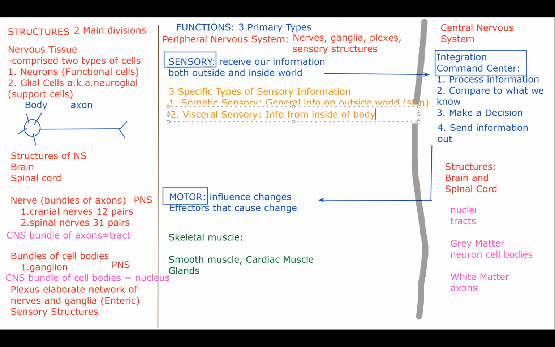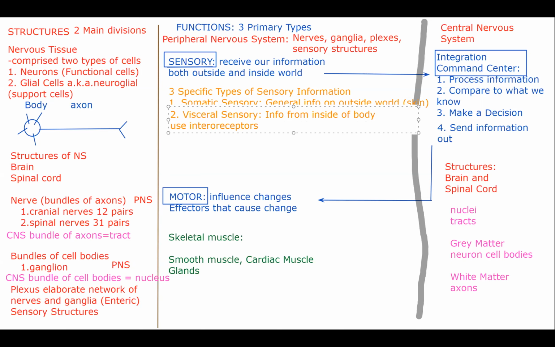But is knowing the pH of your body, knowing how much calcium is in your blood, important information that we need to monitor and keep track of? Absolutely it is. And so to do that, it is going to use special sensors inside the body that we call enteroreceptors.